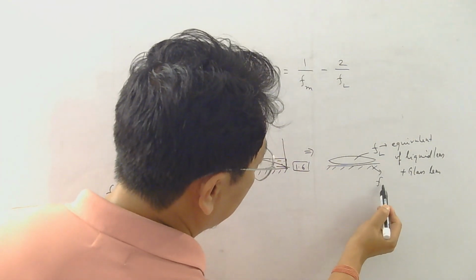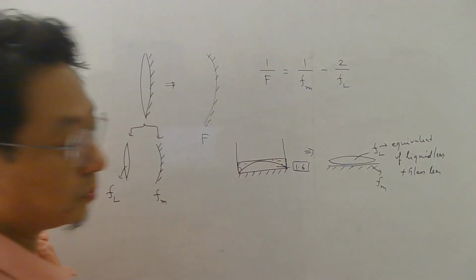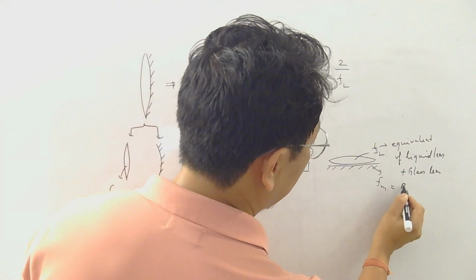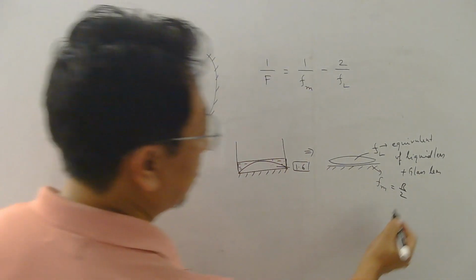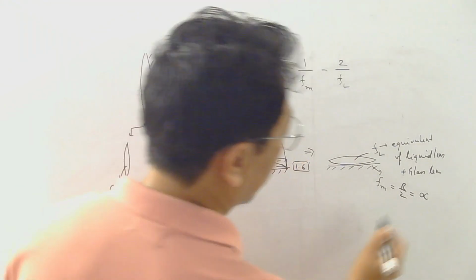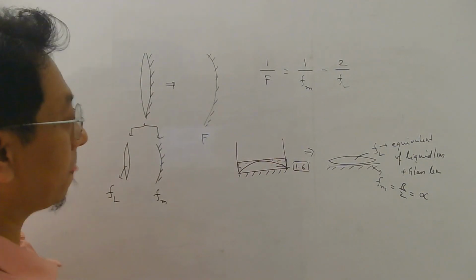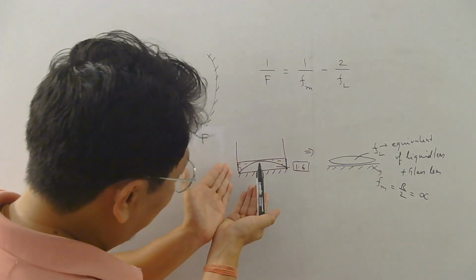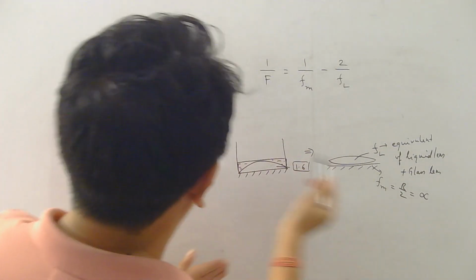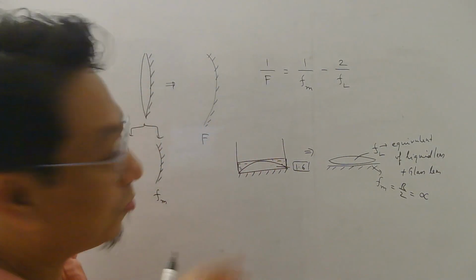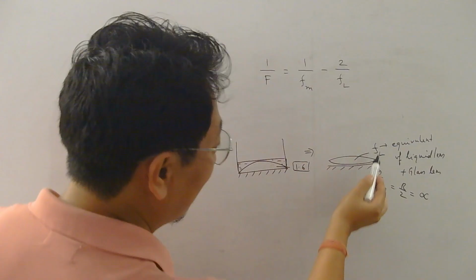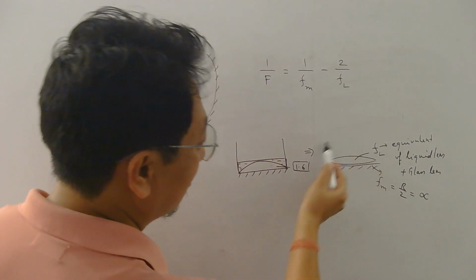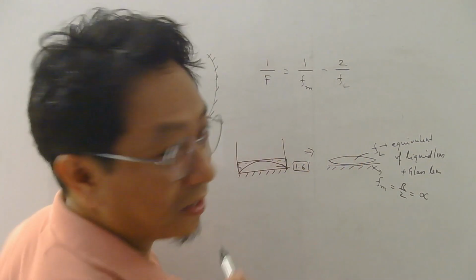So the focal length of this is, let's say, Fm. But for a plane mirror, we know focal length is R by 2, and for a plane mirror, the radius is infinity. So the focal length will be infinity. That we know already. So once I do that, it is something like this, right? So we can use this formula to find the effective focal length of this whole system, including the mirror.